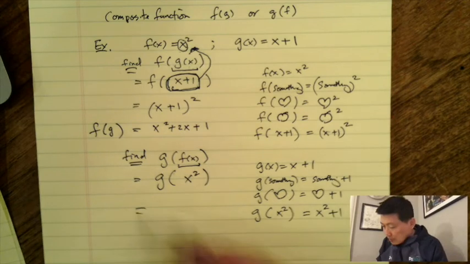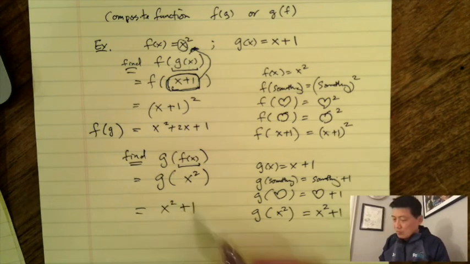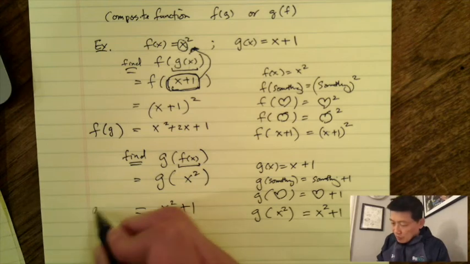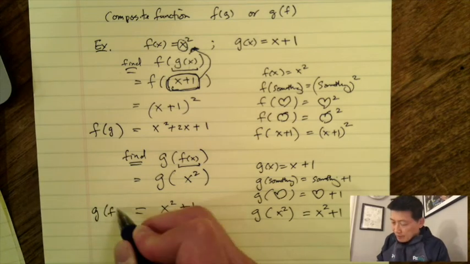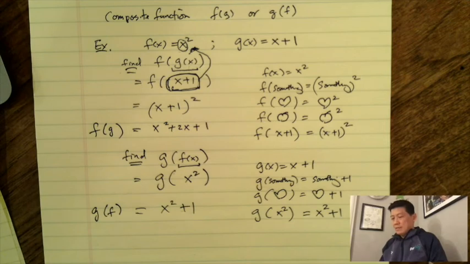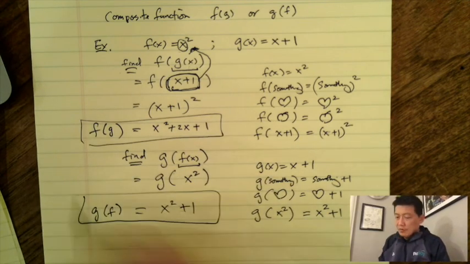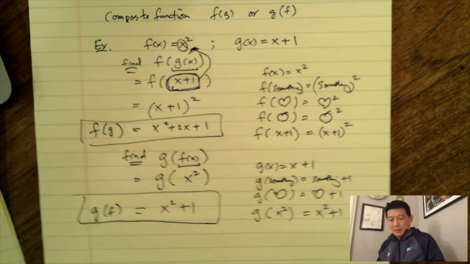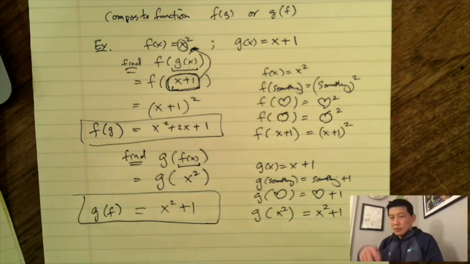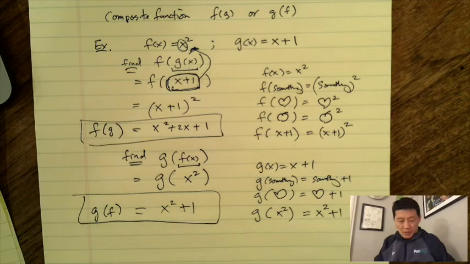So there you go. x squared plus 1 is g of f in this case. Do you see that? This is what we call the composite function. You put something into something, and now you make a composite function.